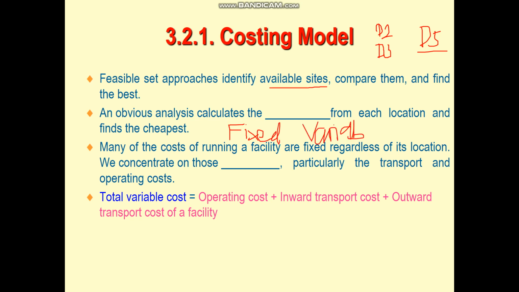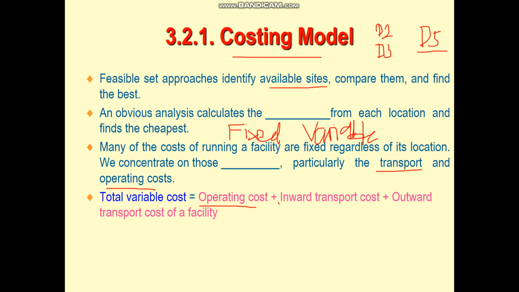In the costing model, we concentrate on variable cost, those costs that can vary, particularly the transport and the operating cost. So the total variable cost is equal to the operating cost plus the inward transport cost plus the outward transport cost of a facility.